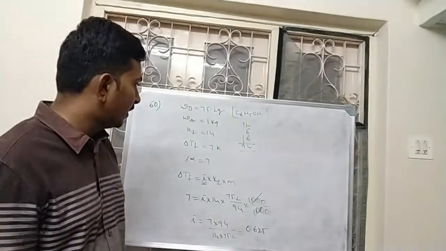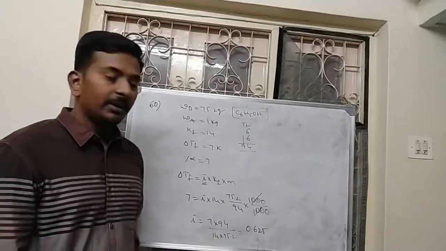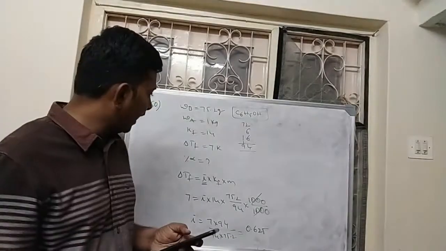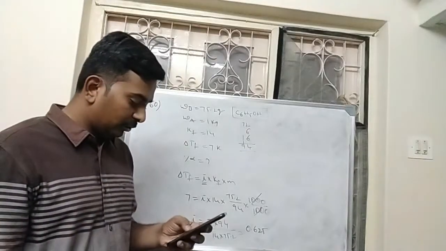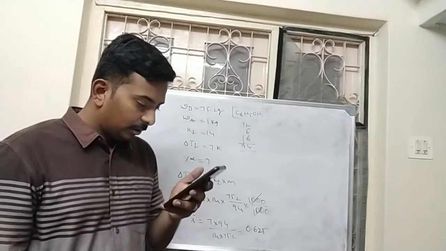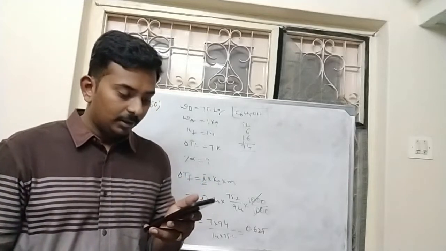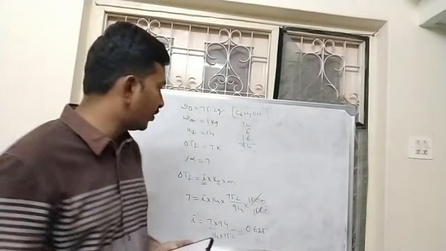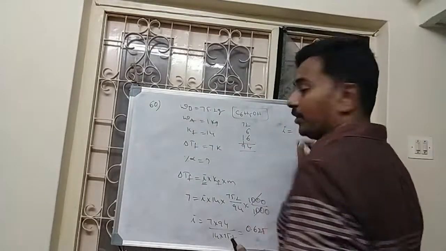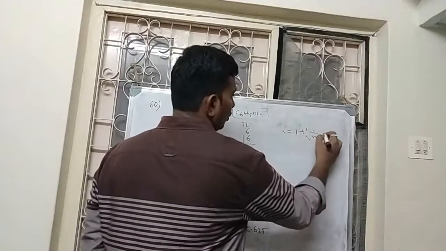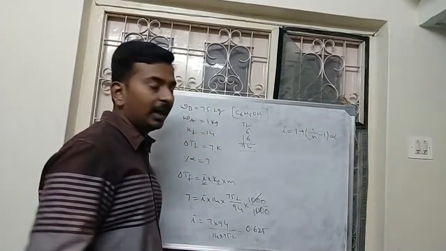So from this, I need to calculate the value of alpha. Right? So how to calculate the value of alpha? They are telling that phenol will be undergoing dimerization here. So as phenol undergoes dimerization, that is association, the formula is i is equal to 1 plus (1 by n minus 1) into alpha.